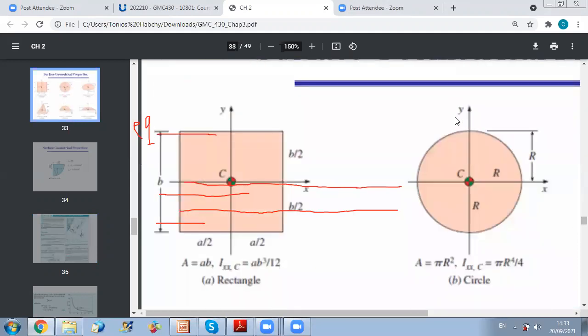Since x and y are axes of symmetry, of course Ixy here is 0. And to find the inertia about the x-axis, all I have to do is pi r to the fourth over 4. Okay, so now let us go back to our problem.